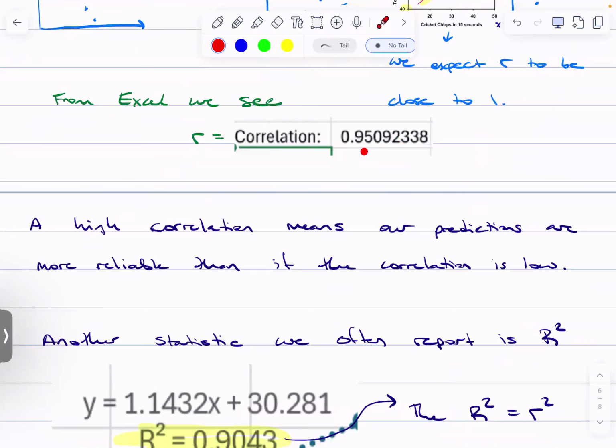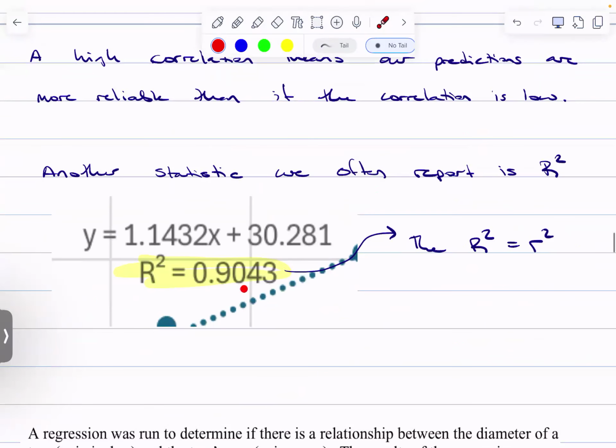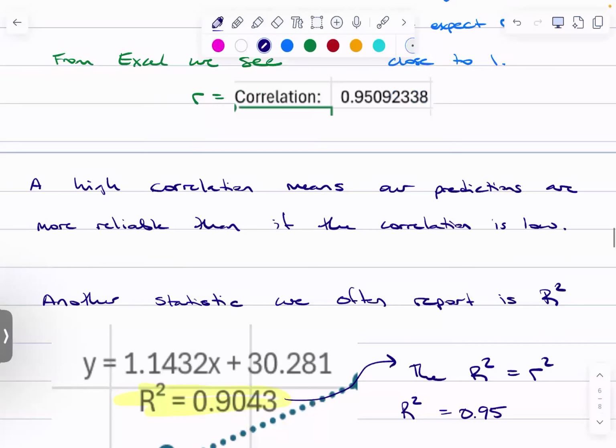Because we had a correlation of 0.95, right? And if you take this whole thing and you square it, you should get 0.9043. Decimals are funny when you square them, they get smaller. So in our case, r squared is roughly, it's right here, 0.9509238 squared.